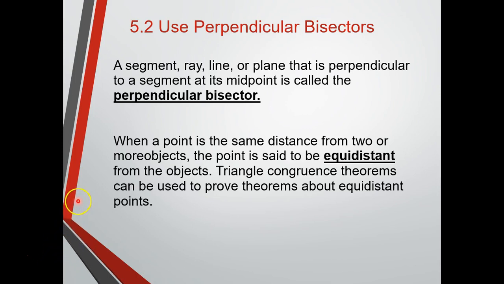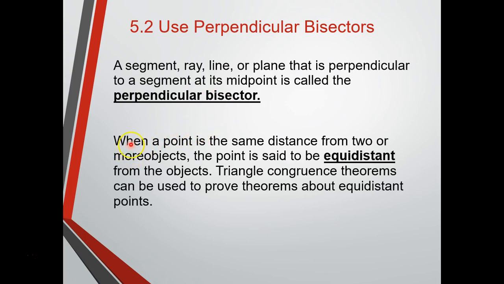Okay, so in this section, like I said, we're going to be talking about perpendicular bisectors. And here's the definition of a perpendicular bisector. A segment, ray, line, or plane that is perpendicular to a segment at its midpoint is called the perpendicular bisector. And you'll see a picture of that here on this next slide.